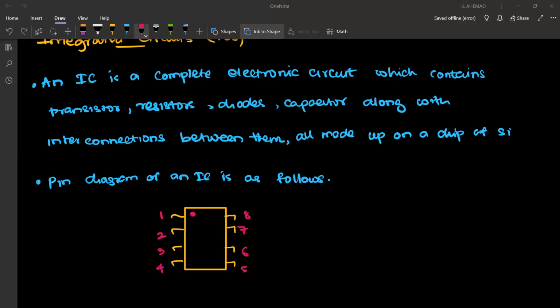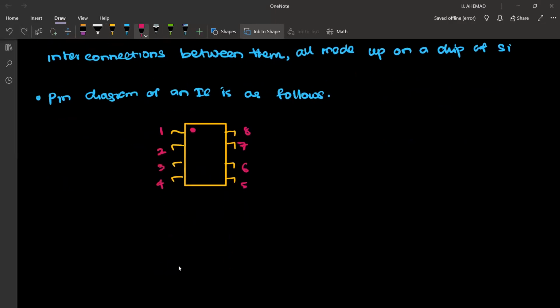Next point, ICs are used in computers, calculators, digital watches, and etc. ICs are used everywhere.